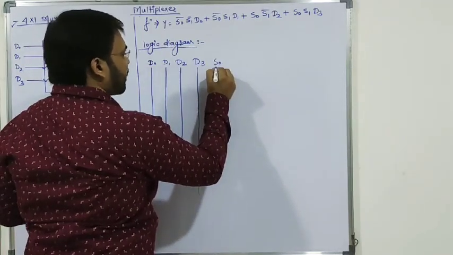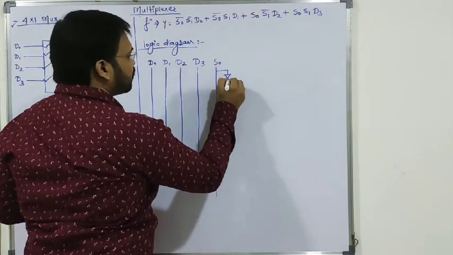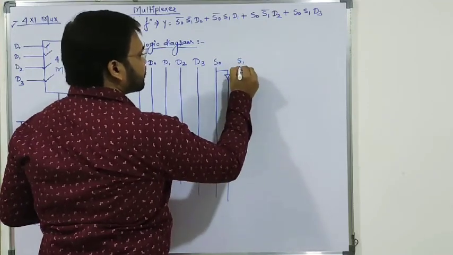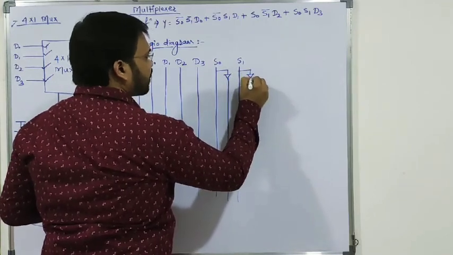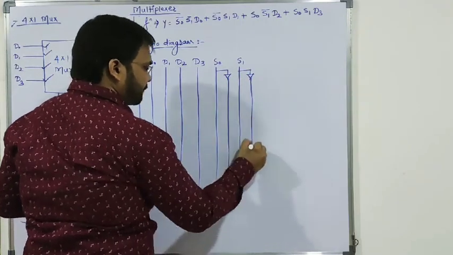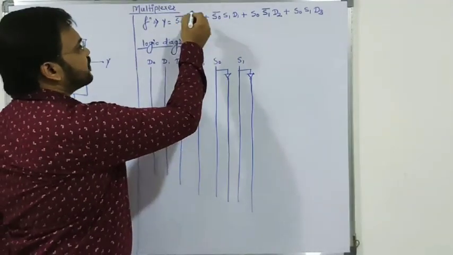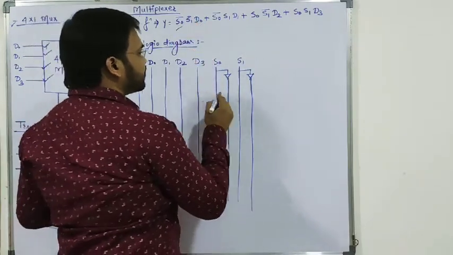S0, that is inverted S0 bar, S1 and S1 bar. Okay, so the first term is S0 bar, S1 bar and D0.